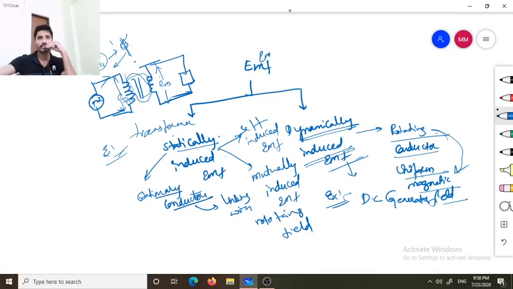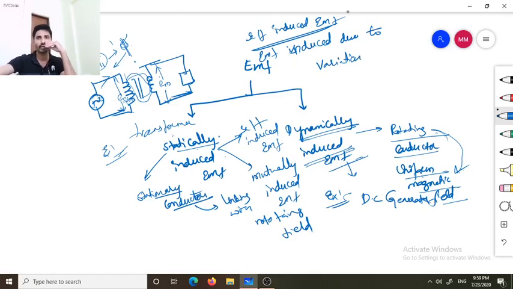I'm writing here: EMF induced due to variation of flux in the same coil, linked with the same coil turns.